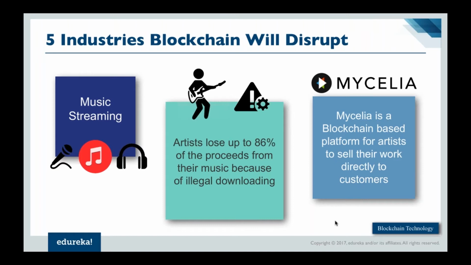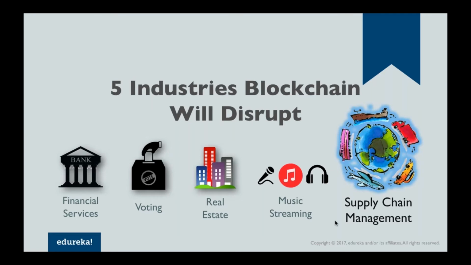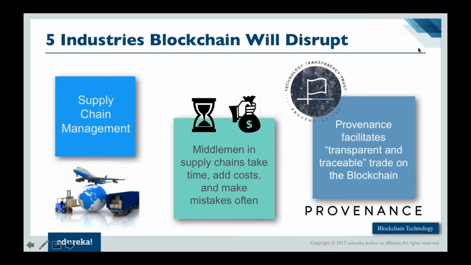Another very popular use case which is being discussed is in the space of supply chain management. In supply chain, we see there are a lot of middlemen which consume time, add cost, and when they are manual, they make a lot of mistakes as well. So consider someone exporting food from India to, let's say, the Philippines, or maybe Europe.